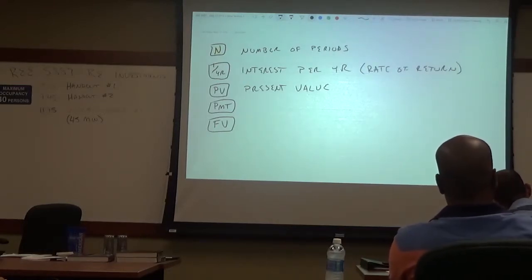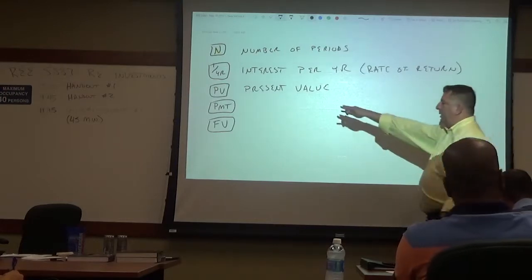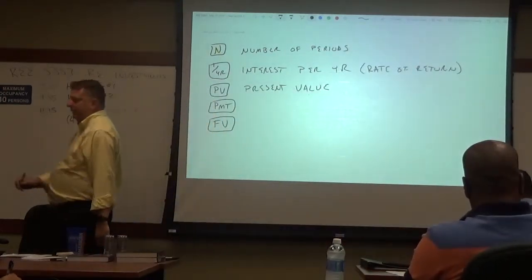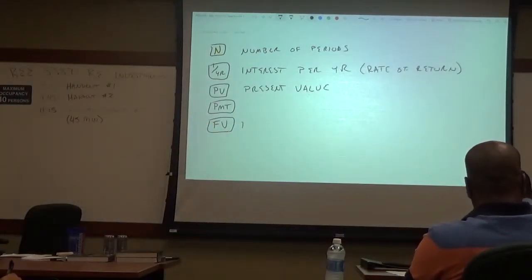In some cases that may not always be the case, but when we get to those unusual circumstances, we will explain them. The way to think of it is what is happening today, in today's value. We're going to skip over the payment for a second and come back to it.